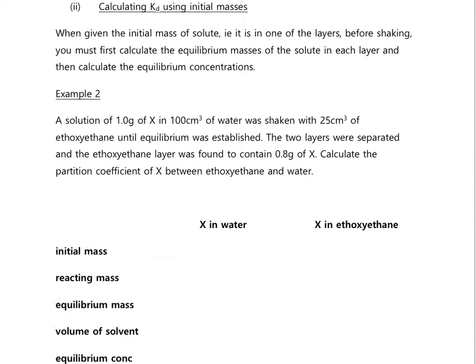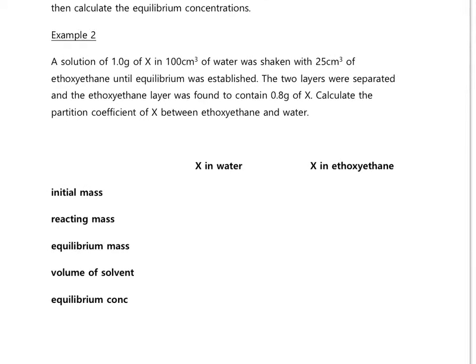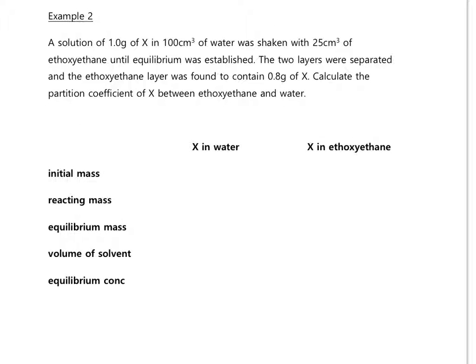But it's still fairly straightforward in comparison to our Kc and Kp calculations. You can see that we've got a little bit more down the left hand side, and we've just added initial and reacting mass, just as we would have done with Kc and Kp when we were given initial moles rather than the equilibrium moles.